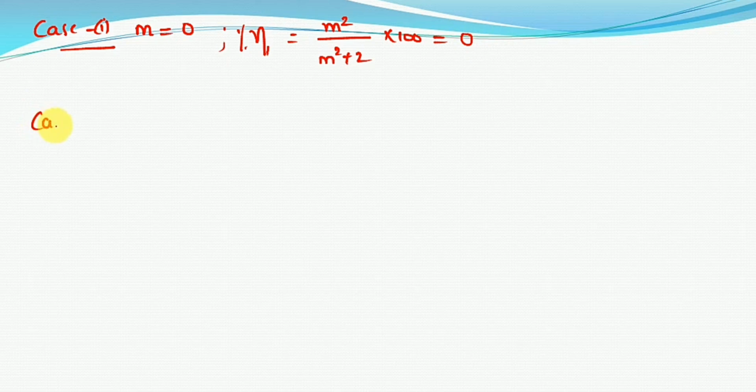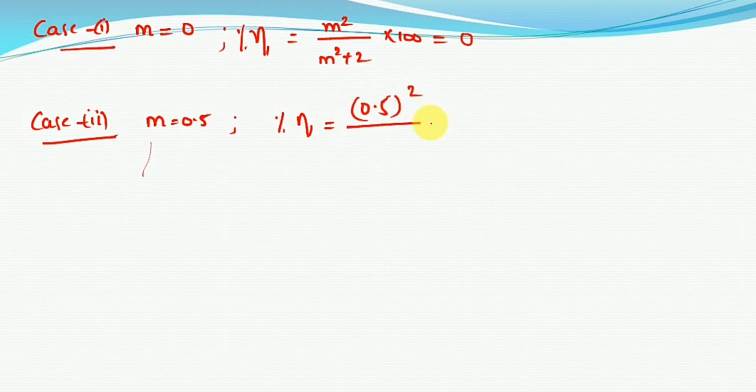Now let us see case 2, that is when m is equal to 0.5. When m is equal to 0.5, then I can write the percentage of efficiency as 0.5 whole square by (0.5 whole square plus 2) into 100.